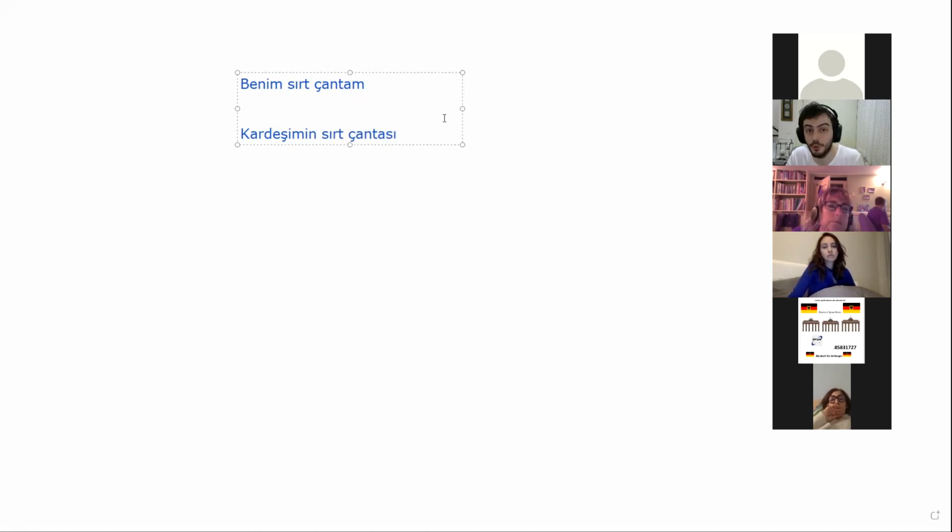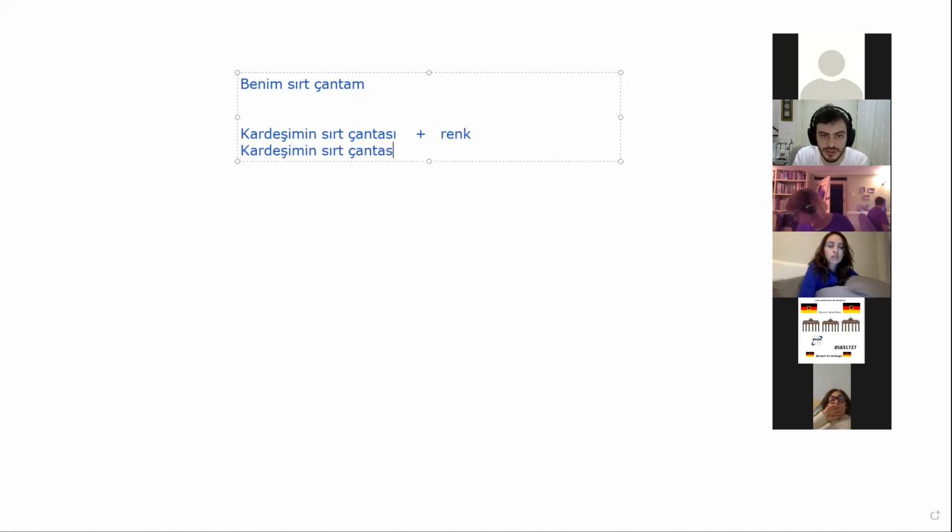You can even make it longer. You can talk about the color of this backpack. In this case, you will add the word renk at the end, but to connect them, you again need a genitive and possessive. So you will add, to kardeşimin sırt çantası, a genitive at the end of çantası.